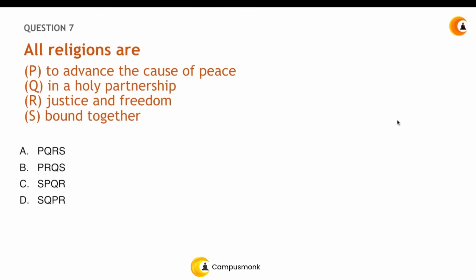So I got my answer. The first statement is given over here, all religions are, then it will be S, bound together. Then it will be Q, bound together in what? In a holy partnership. Then to do what? To advance the cause of peace. And finally, justice and freedom is in another line, so you have no other choice.